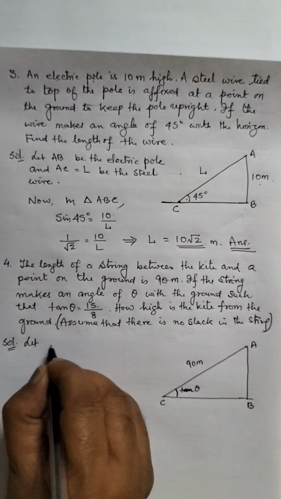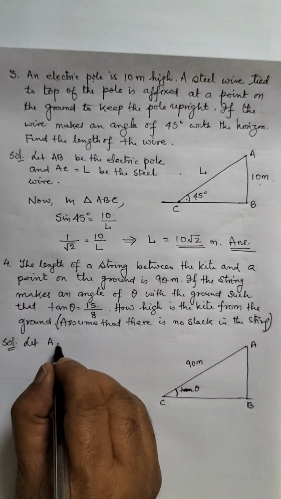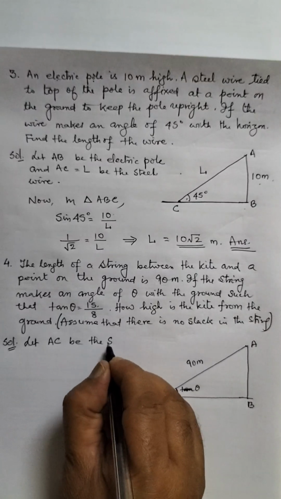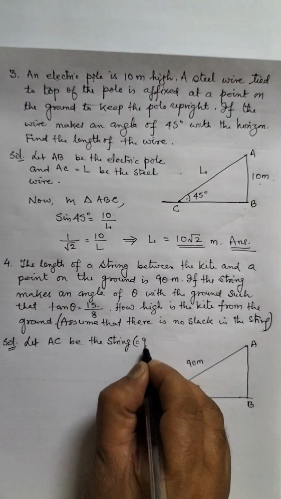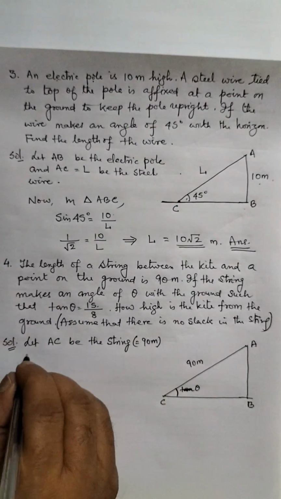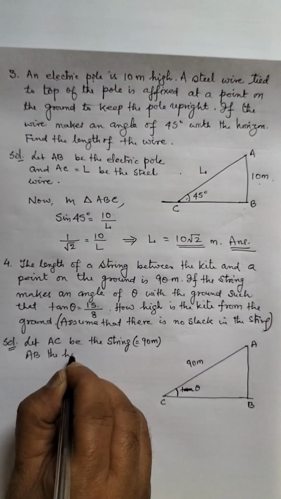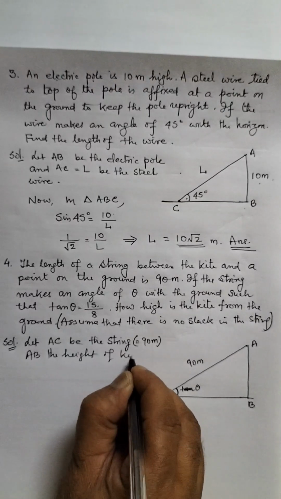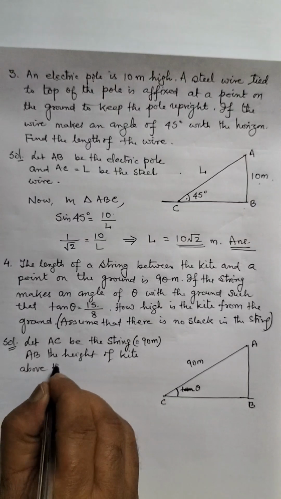Let AC, the string, equal to 90 meter, and AB the height of kite above the ground.